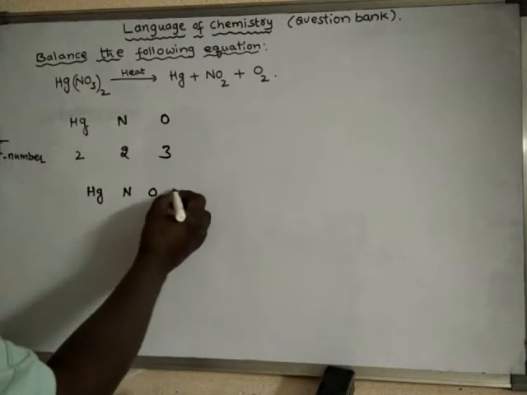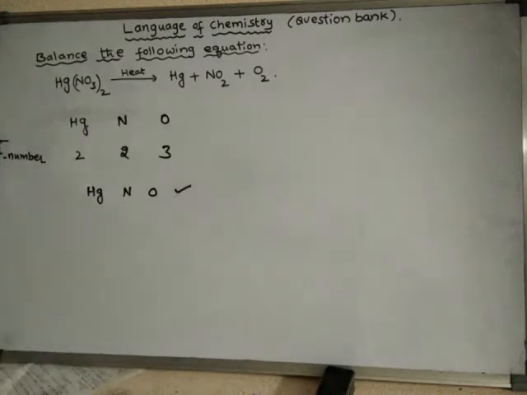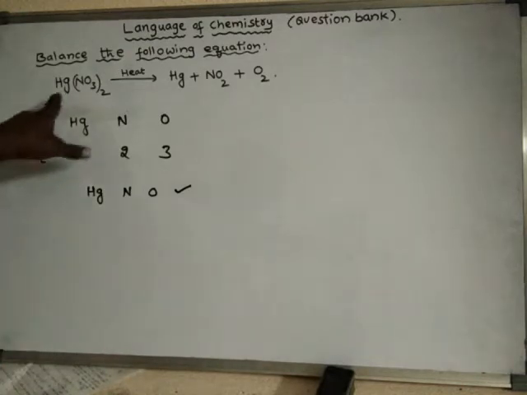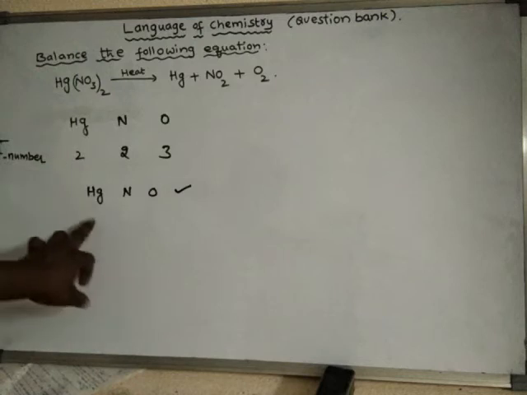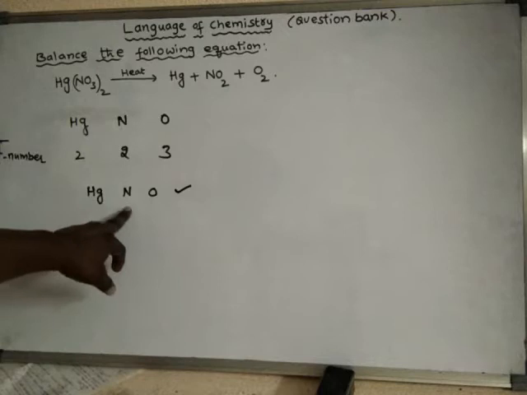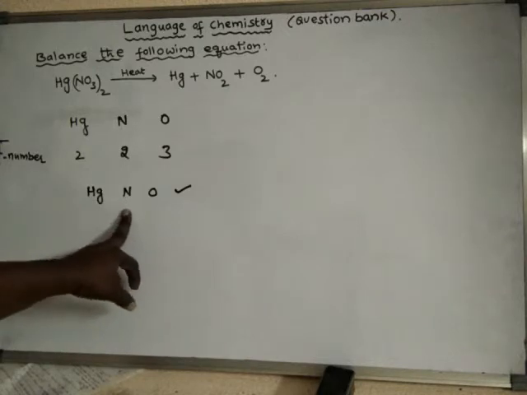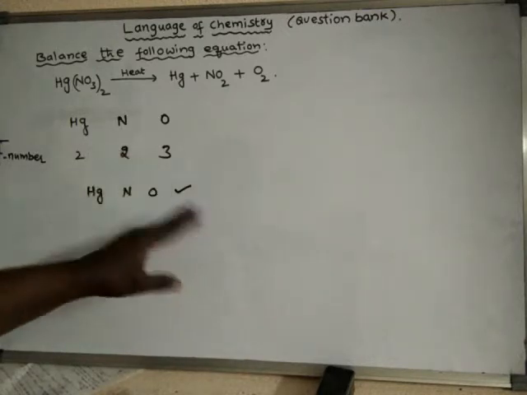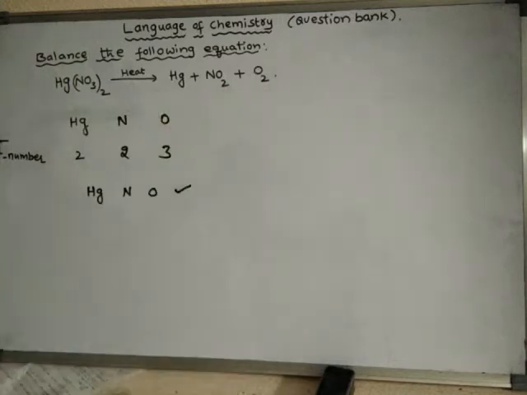Based on this arrangement only we balance the chemical equation. First we balance with the element having the lowest frequency number, metal with lowest frequency number and non-metal with lowest frequency number, and the others will follow.